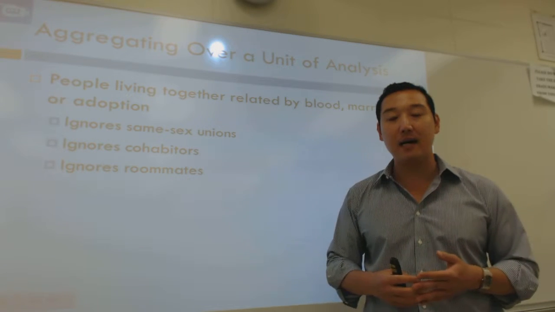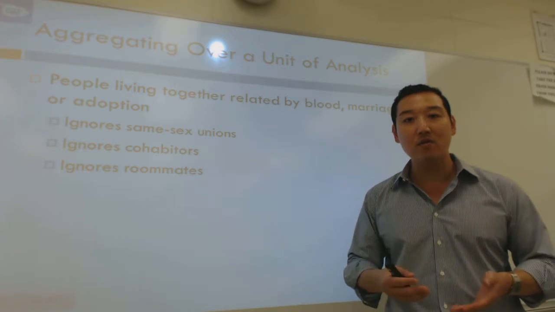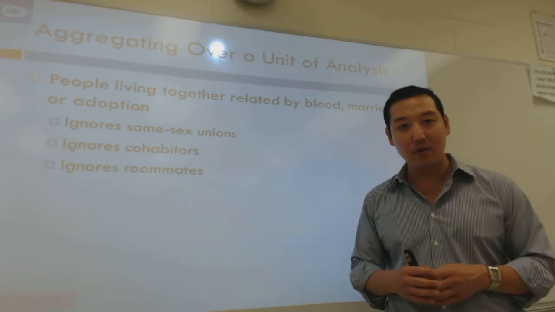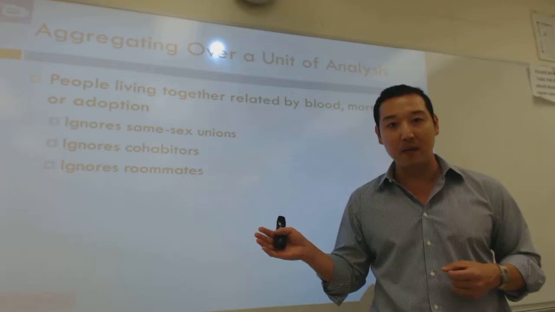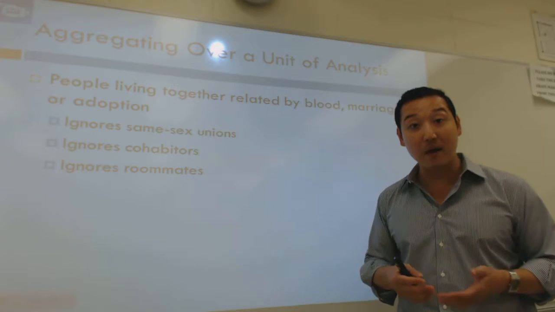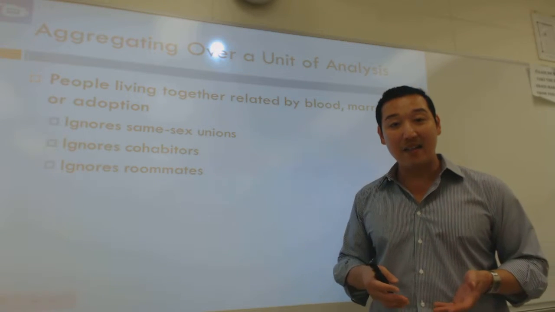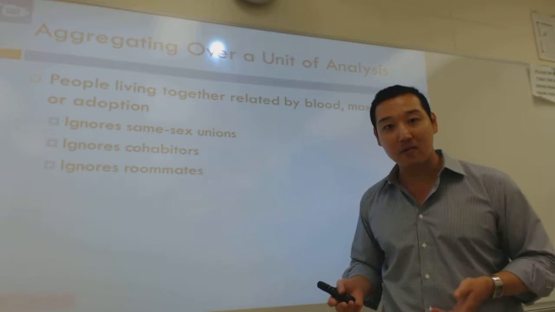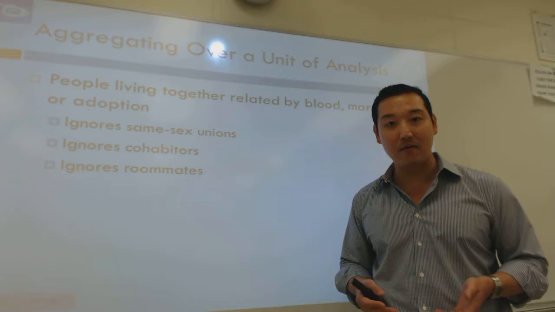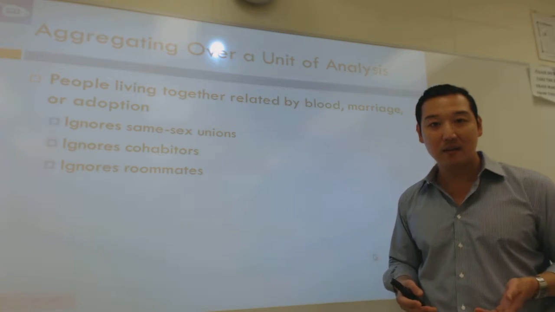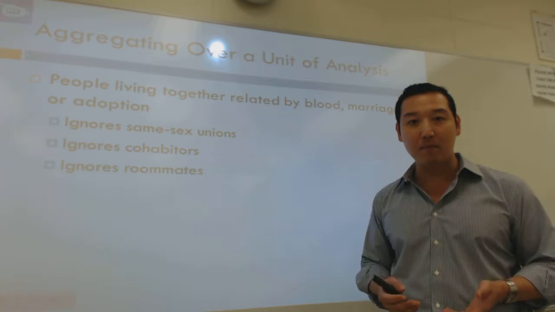So if you're in a same-sex civil union, your partner's resources wouldn't be counted by the Census Bureau. But if you're in a state that legally recognizes marriage, your spouse, it'd be a spouse then instead of a partner, your spouse's resources would in fact be counted if it's legally recognized in your state, because you'd be reporting as a married couple.